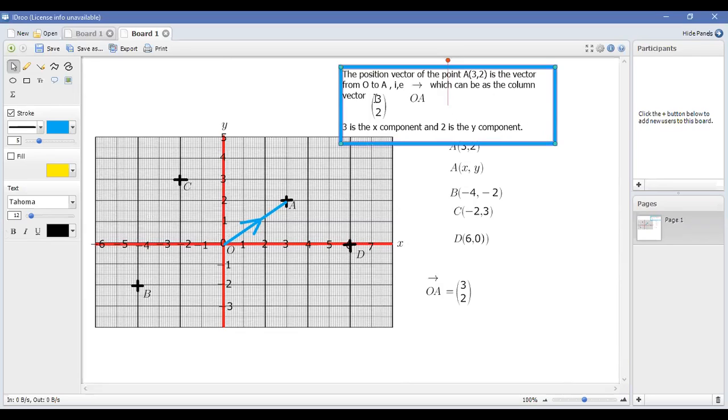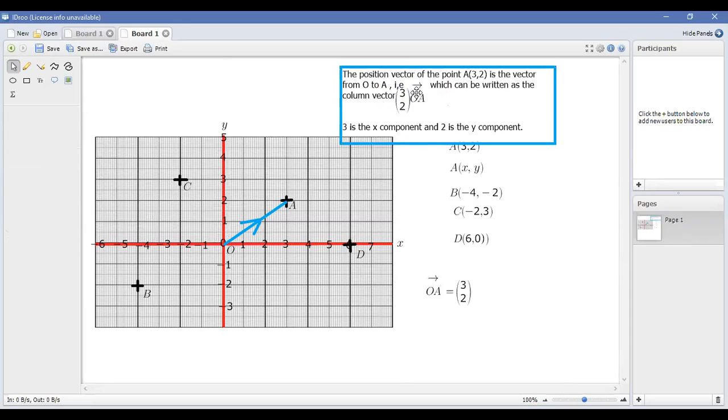So the position vector of the point A (3, 2) is the vector from O to A, that is OA with the arrow above it, which can be written as the column vector, which is this. And don't mix it up with the OA, right, so please.